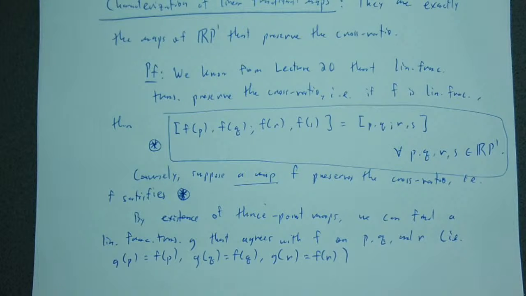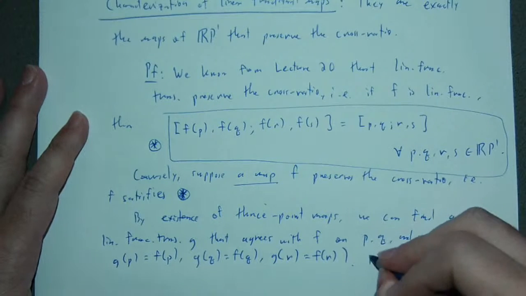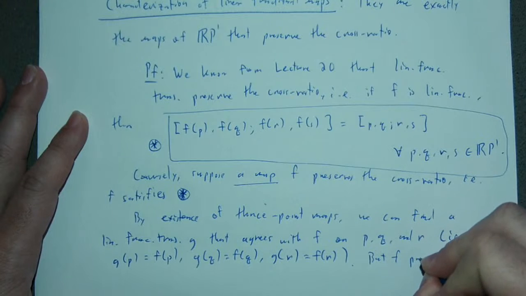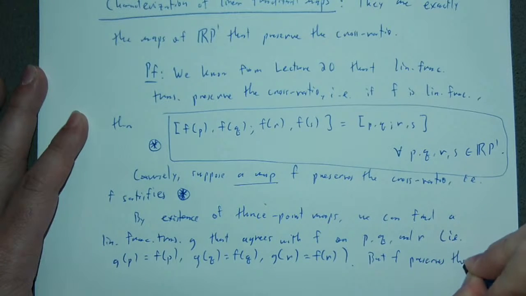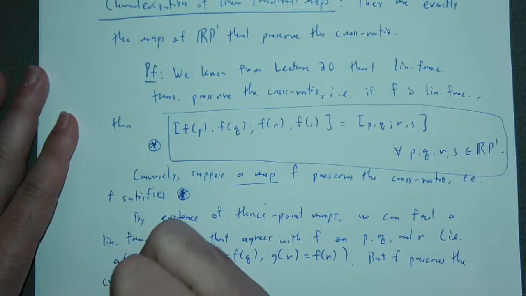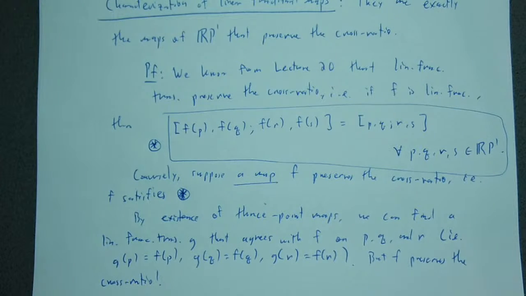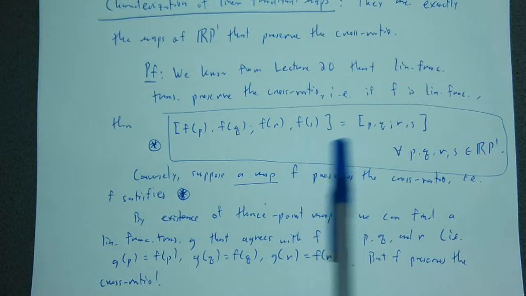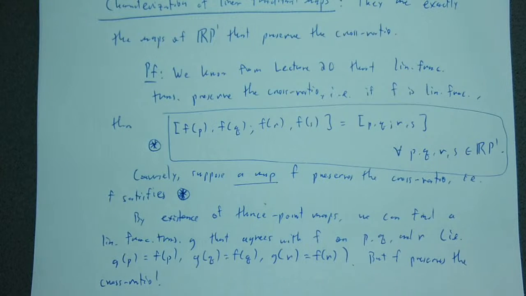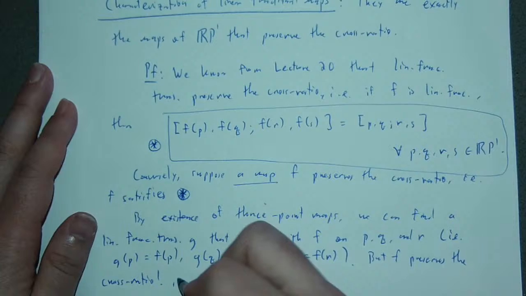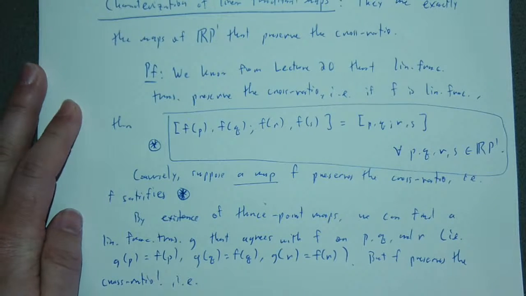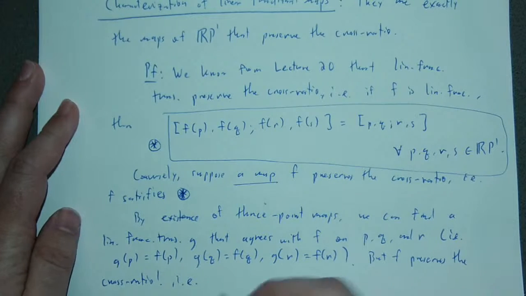But f preserves the cross ratio. What does that mean? Since f preserves the cross ratio, this 4th point, G also has to agree with f there, i.e., G agrees with f on S as well.